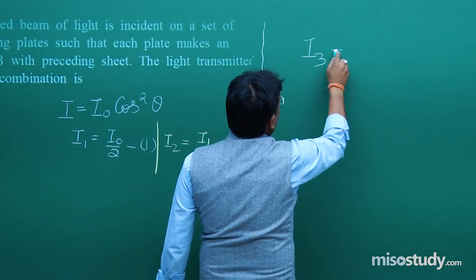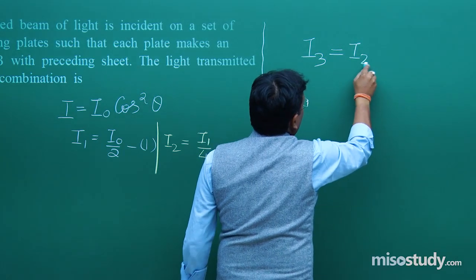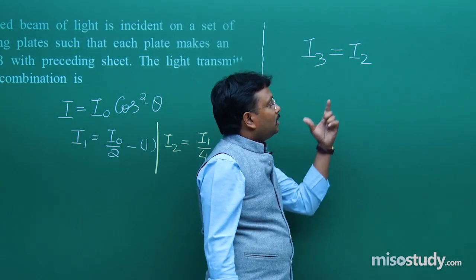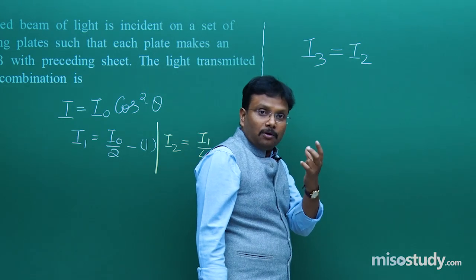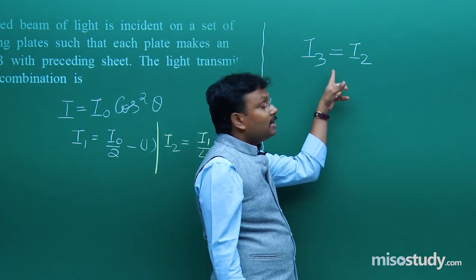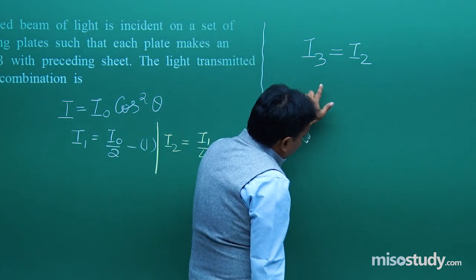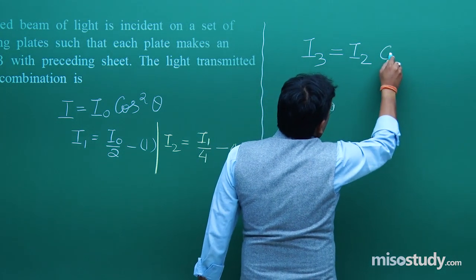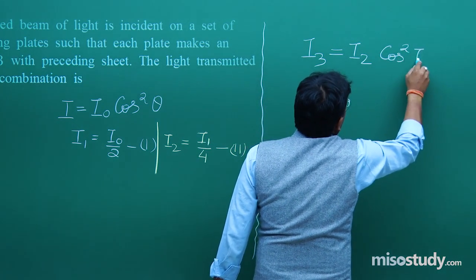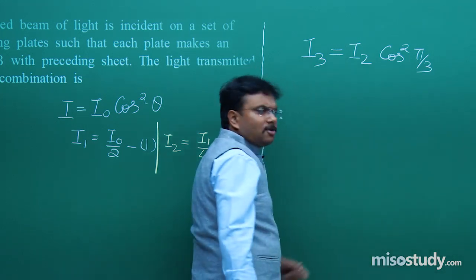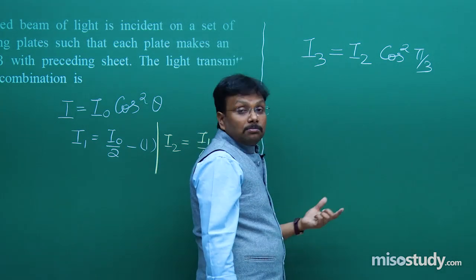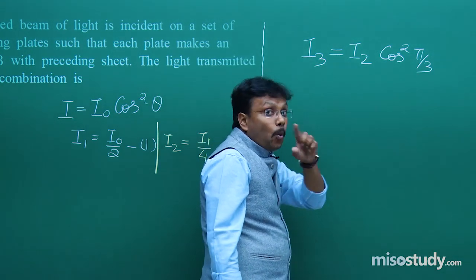I3 means first plate, second plate, third plate. So I3 is equal to I2 because the waves coming out from this second plate ultimately reach this third plate. So I3 is equal to I2 cos square pi by 3. Let us put the value as such. Now it is again going to be 1 by 4.